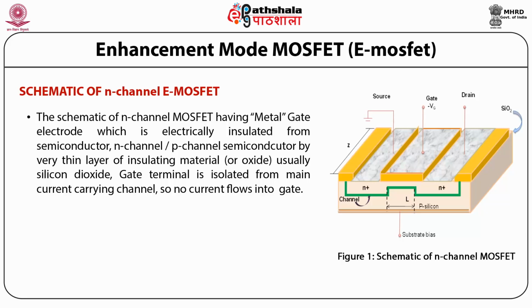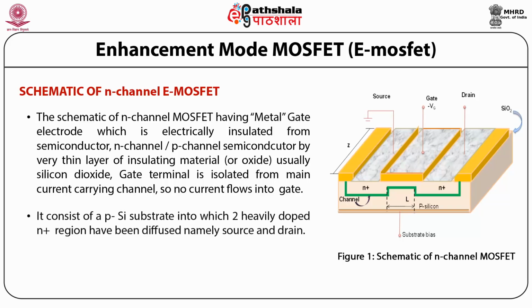The gate terminal is isolated from the main current carrying channel so that no current flows into the gate. It consists of a p-type silicon substrate into which two heavily doped N+ regions have been diffused, namely source and drain.